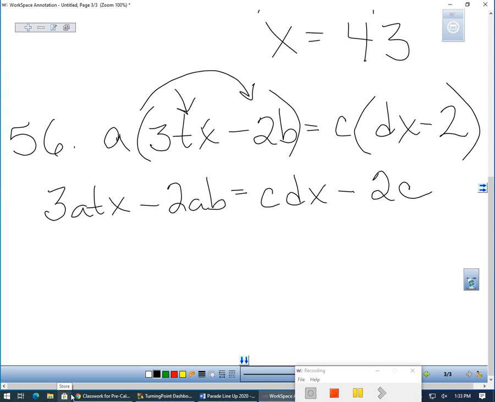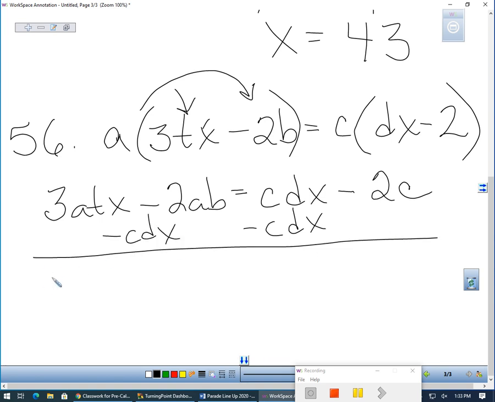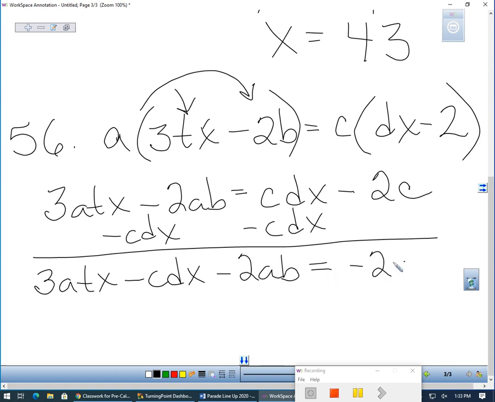All right, now, in our notes, we said the next thing we want to do is move any term with an x in it to the left, right? Minus c dx. Very good. Is that a like term with anything? No. All right, so we have 3atx minus c dx minus 2ab equals negative 2c.